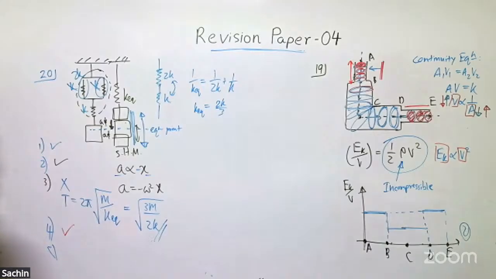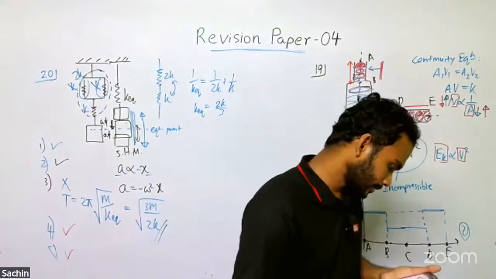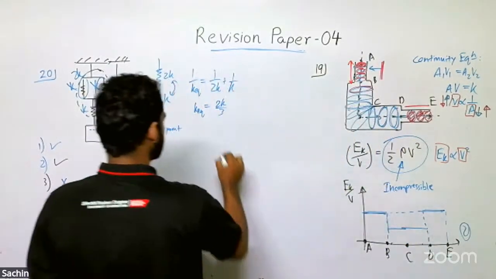The maximum kinetic energy should be at the equilibrium position of the object. It's also correct. So the maximum kinetic energy is at the equilibrium position. That's theory. And then the 21st.